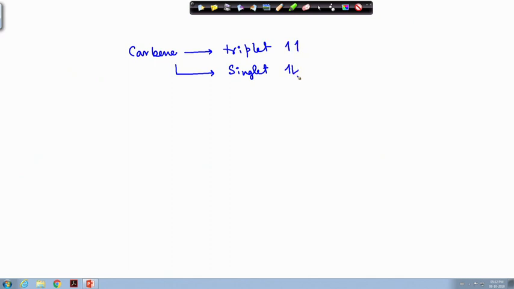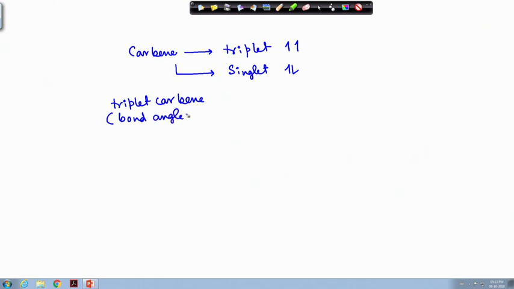Once it is like this, the next question that comes into our mind is which type of carbenes will be triplet and which kind of carbenes will be singlet. In general, triplet carbenes have higher bond angles, and we have discussed previously why.